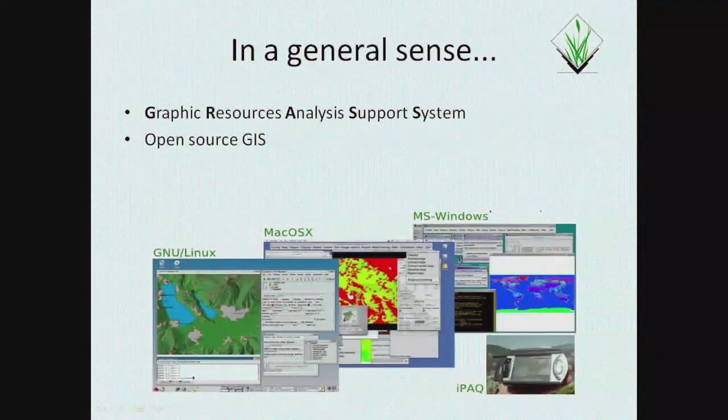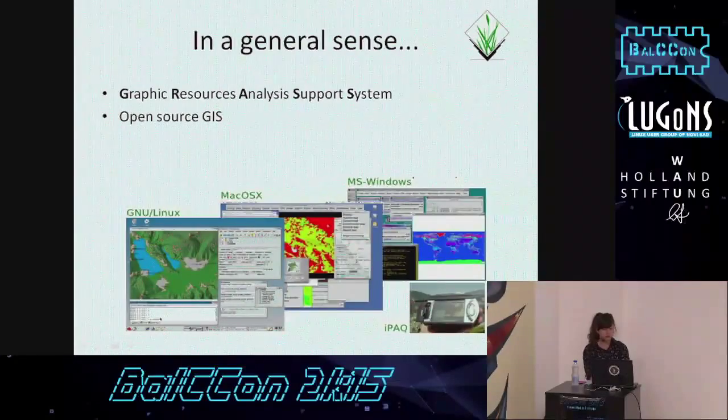That's an open source GIS system, and it's published under the GNU General Public License since 1999. It's a portable system, and we can install it on Linux, Mac OS, MS Windows, and other devices.